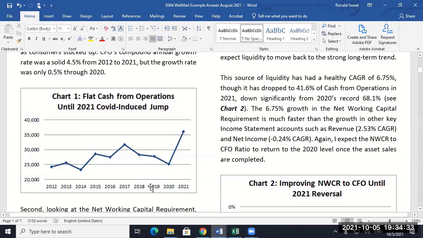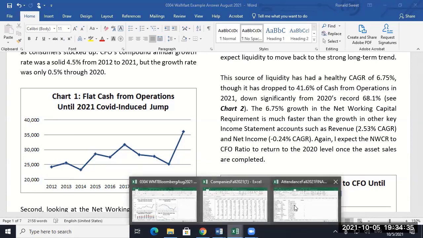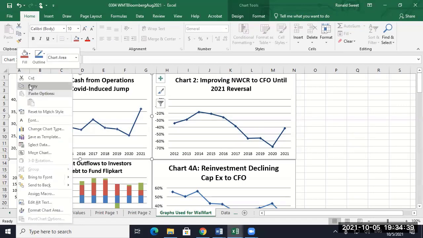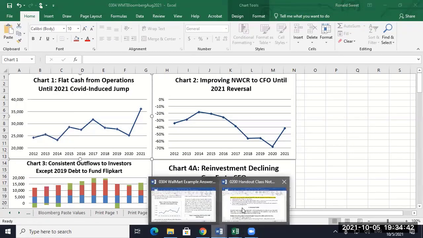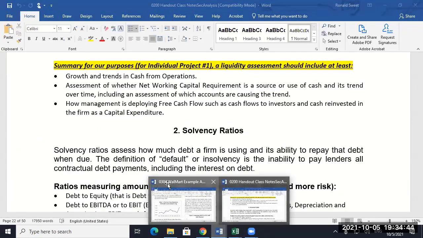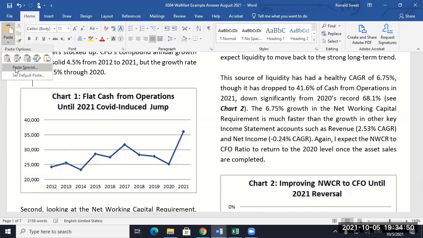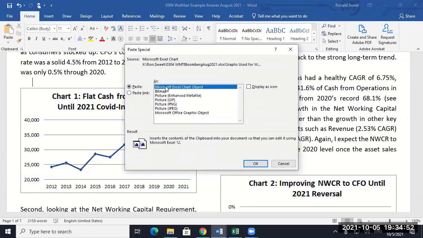And one thing to be really careful of, I don't know if I've told y'all this or not: be real careful when you copy the graph. I strongly recommend you paste it as a bitmap. I don't recommend you do it as a Microsoft Excel object or graphic object.